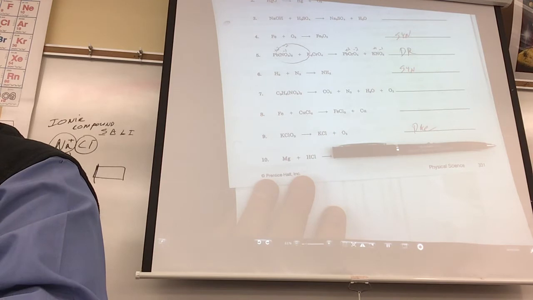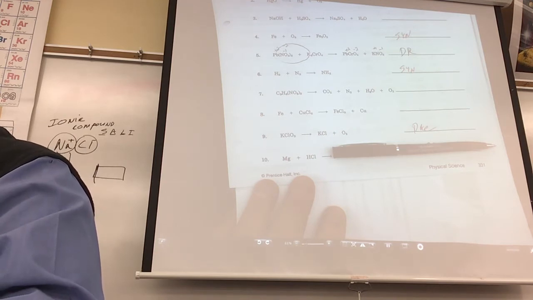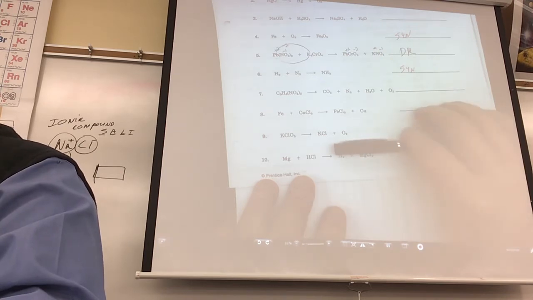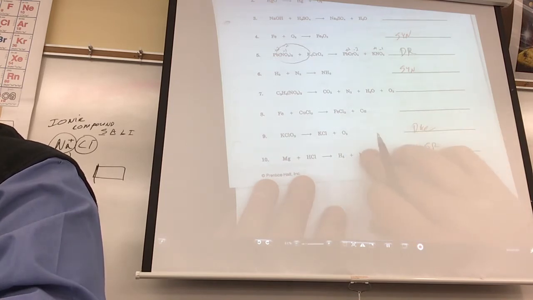So what compound will be formed? If you kick that hydrogen out, it's going to be by itself, hydrogen, isn't it? Yeah, magnesium chloride. Now, how do you write magnesium chloride? What's the charge of magnesium in a compound? +2. What's the charge of chlorine in a compound? -1. That means you had to put a 2 down here, didn't you? Yeah. Remember that?